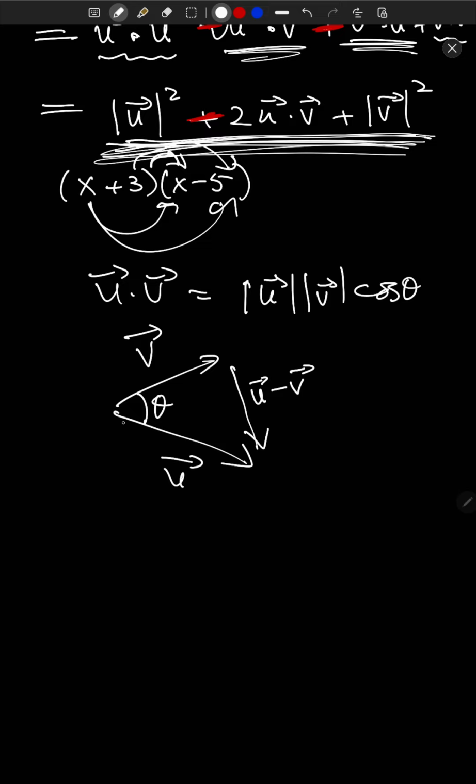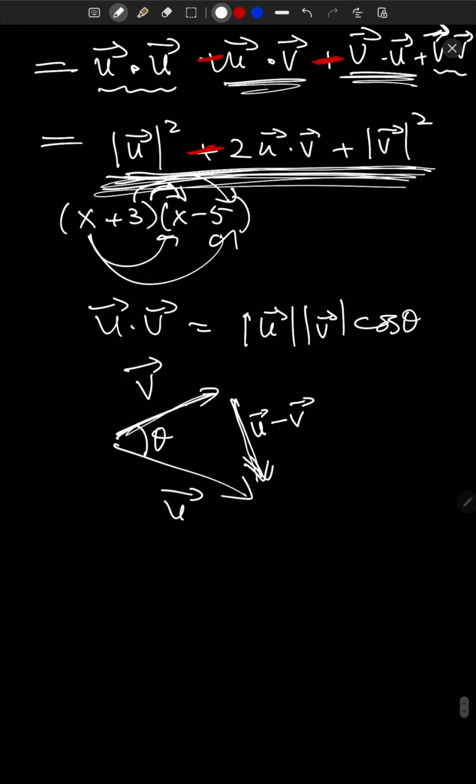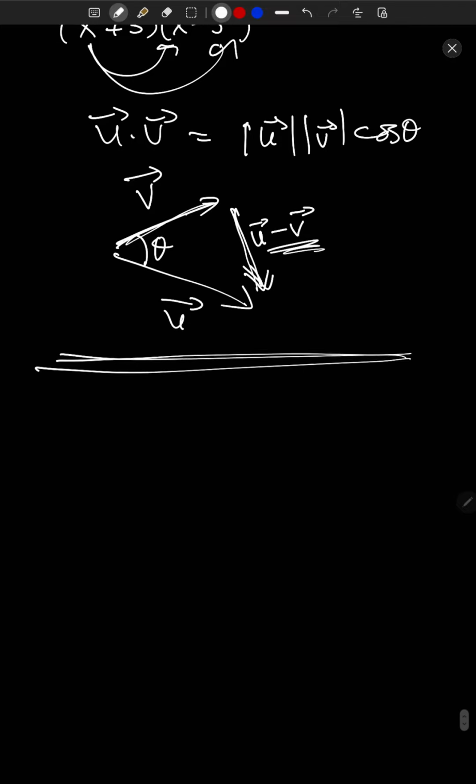The length of this side down here is the length of u. The length of this side up here is the length of v. The length of this side here is the length of u minus v. And so using this expression that we just calculated, you can write that out, and then you can pop out the use of the law of cosines in this way. But do that only if you want to make yourself suffer a little bit.